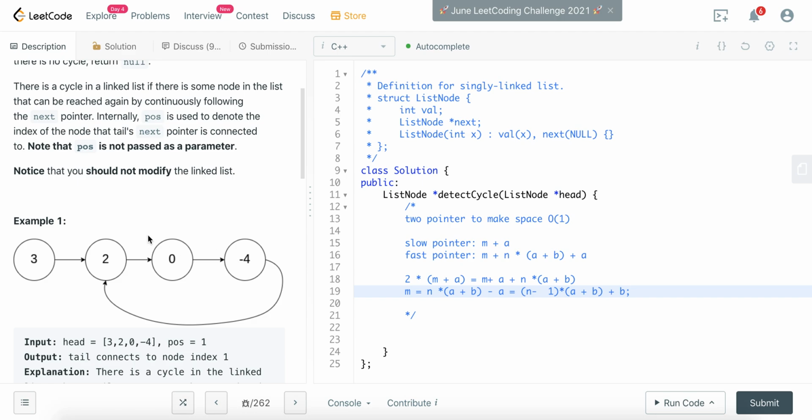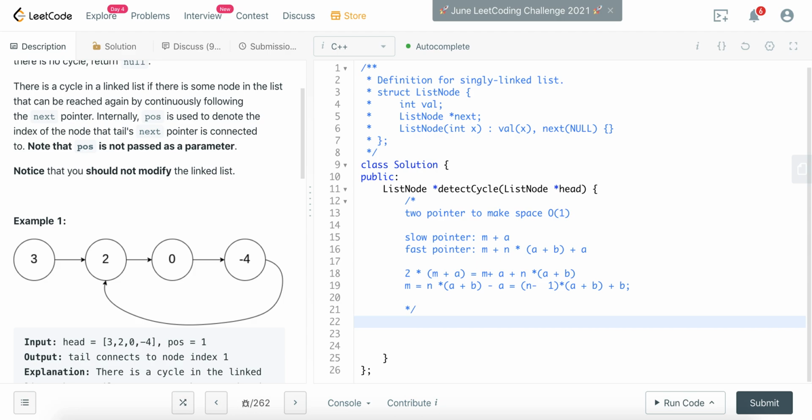Which means that if I have a third node, starting from the beginning, after m steps it will reach the node, and the other one will travel exactly the same distance, so they will meet at the start of the cycle. So now let's try to code it up.